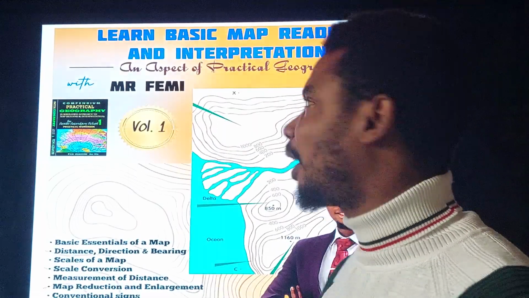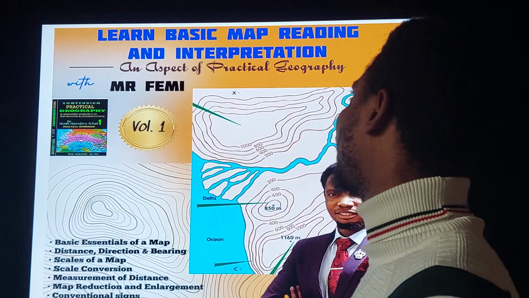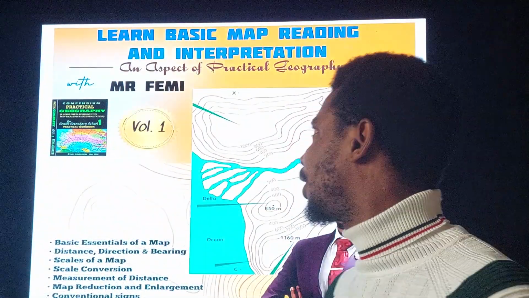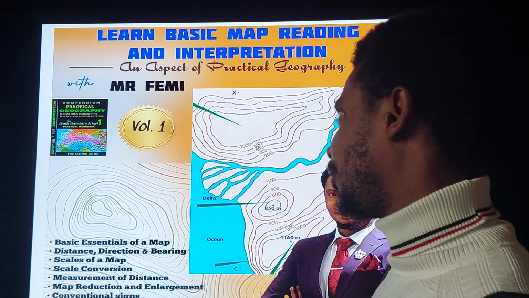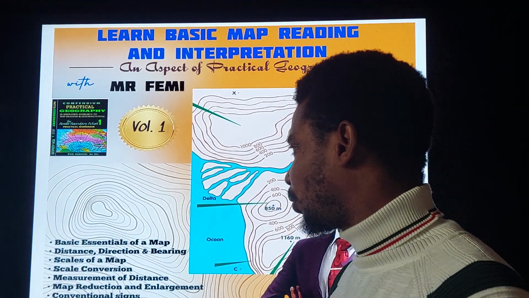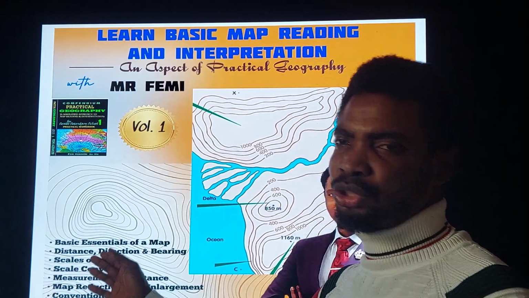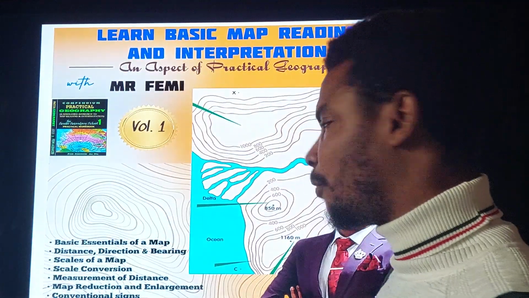I am Mr. Femi and I want to walk you through basic map reading and interpretation, which constitutes an aspect of practical geography. And today what we want to be looking at is scales of a map and also look at scale conversion.